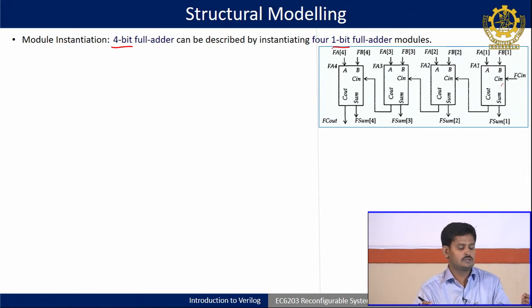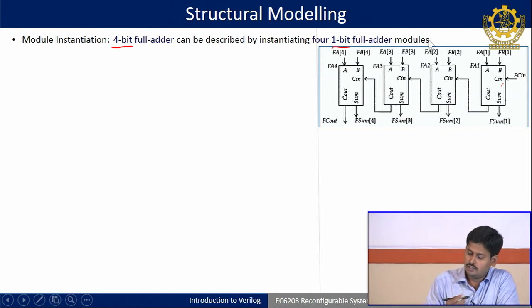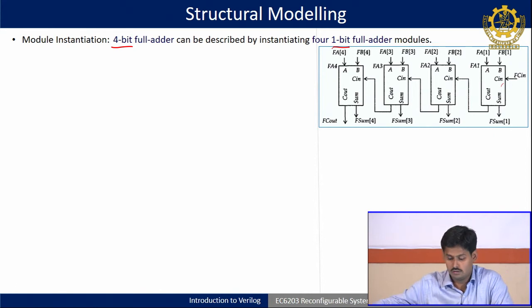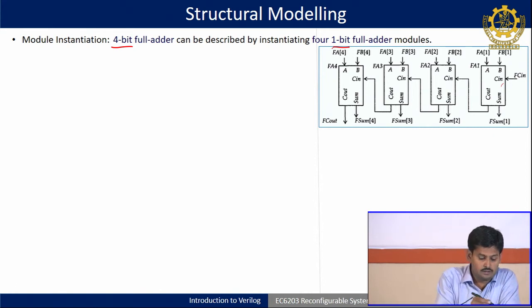Now we have to write down the code for how module instantiation is done in Verilog. A 4-bit full adder can be described by instantiating four 1-bit full adder modules. So again here, we write the code, first module, let's say 4-bit full adder.